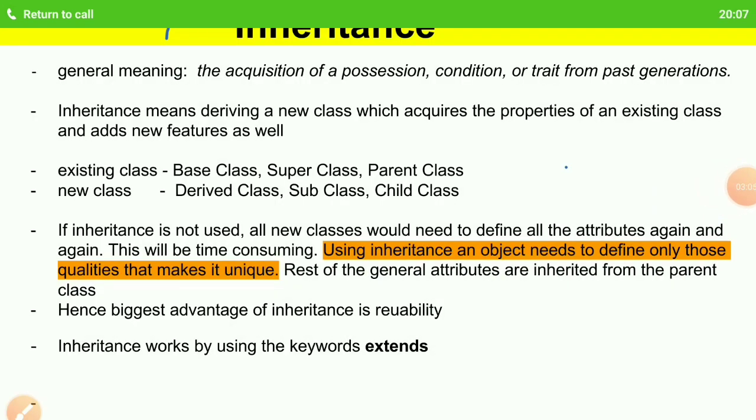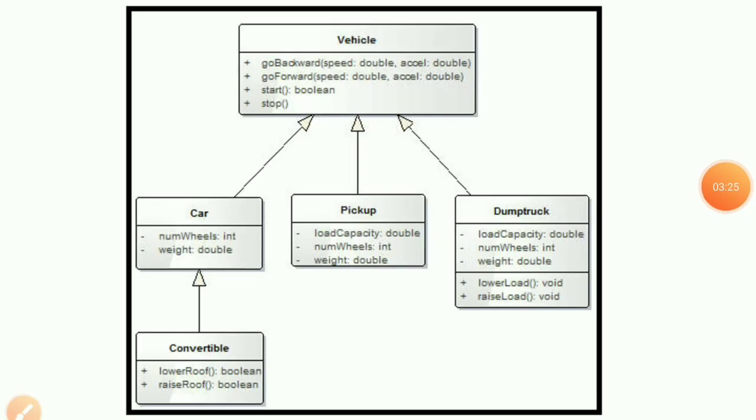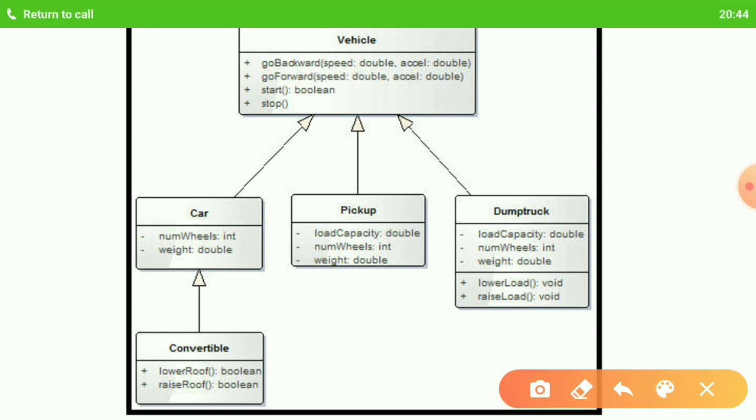If you do not use inheritance, you will have to rewrite your code. What does that mean? Let's understand this with this image here. You can see that we have got 5 classes: one is vehicle, then we have car, pickup, dump truck, and convertible.